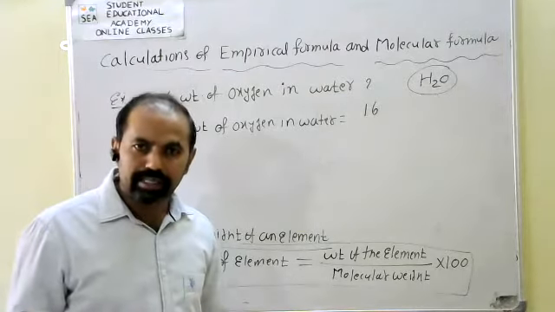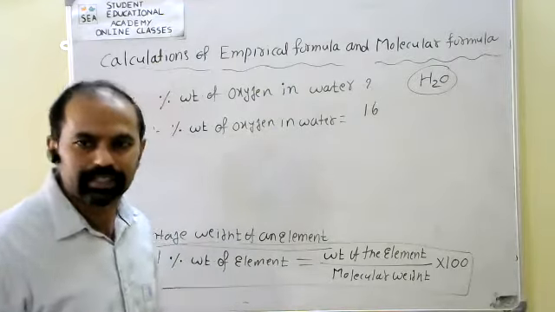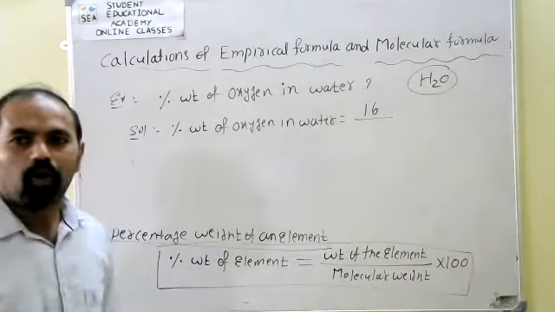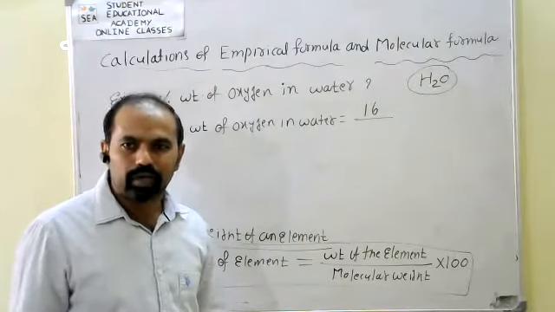Atomic weight, that is nothing but atomic mass. The atomic mass of oxygen is 16 grams, upon the molecular weight of the given compound.